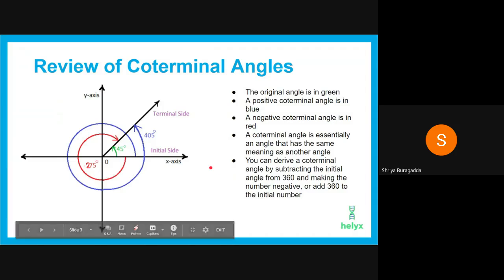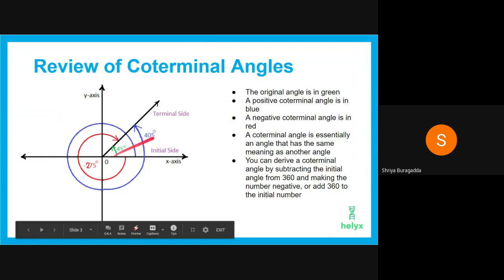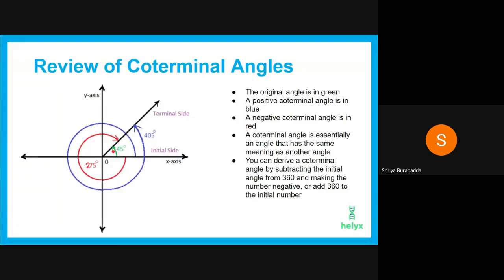Or we can add 360 to the original number. And when we add 360, we're just adding an extra circle around it. So 45 plus 360 got us to 405. And it goes in the counterclockwise direction, same as the original angle.